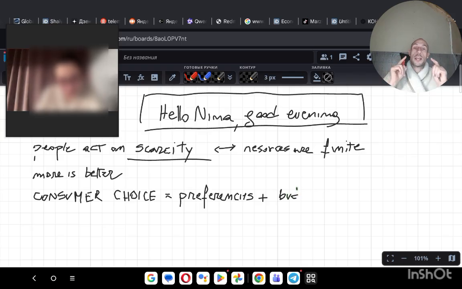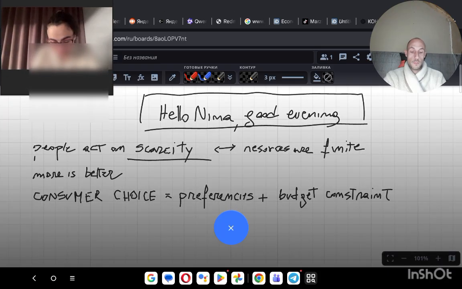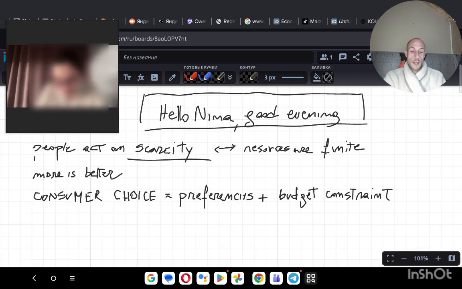But the answer is no, because microeconomists are the first ones knowing that resources are finite. So they say, what if x1 is, say, cheese, and x2 is all the rest? All the rest.